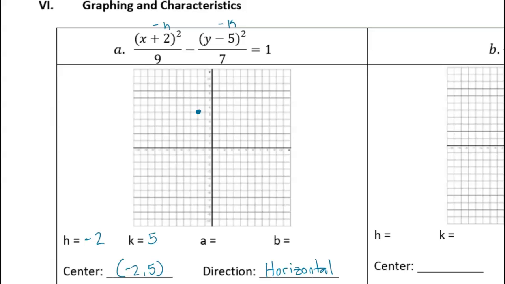Oh, sorry, you guys answered. I totally was spacing out. Yeah, the 9 determines our A value, meaning our A is equal to what? 3. Good. The square root of 9 is 3. And B, therefore, is determined by the 7. So B squared is equal to 7. So what is our B value? Yes, square root of 7.